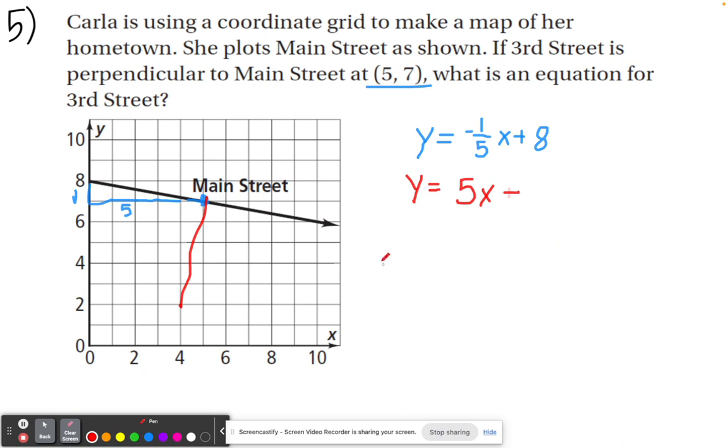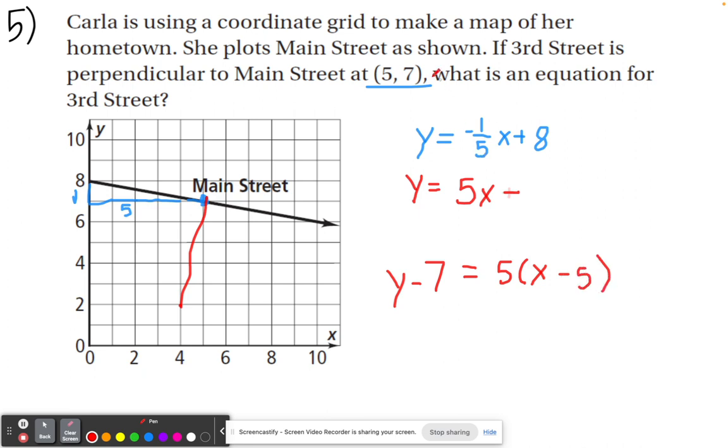May as well go with point-slope form. We have a point: y minus 7 equals 5 times x minus 5.